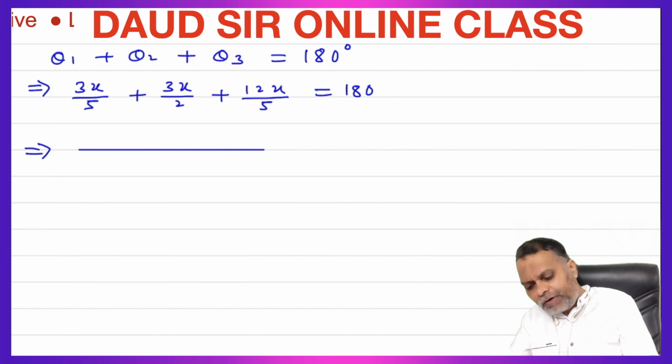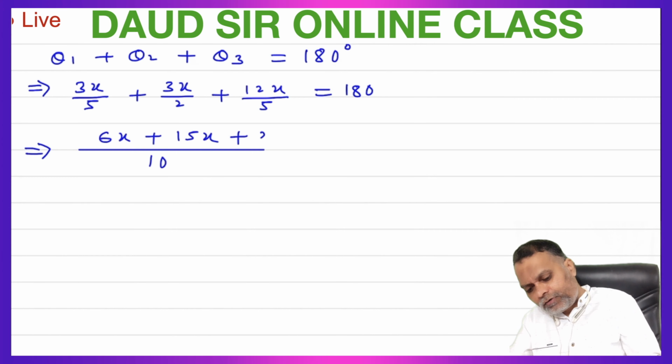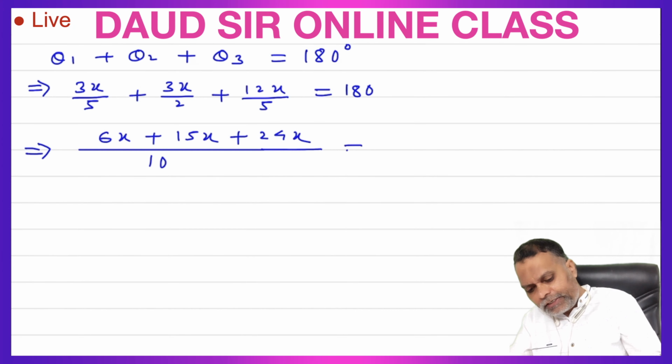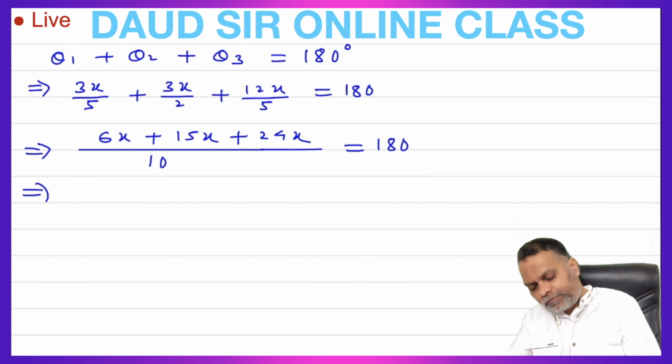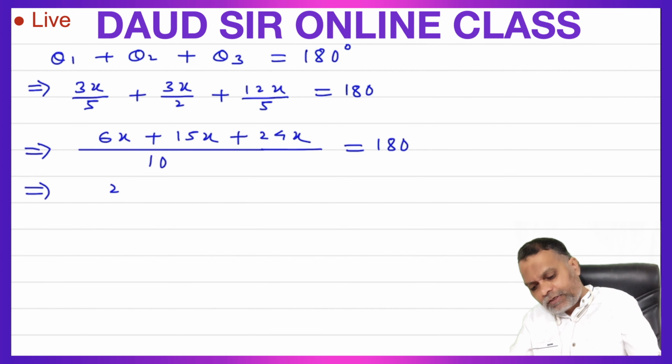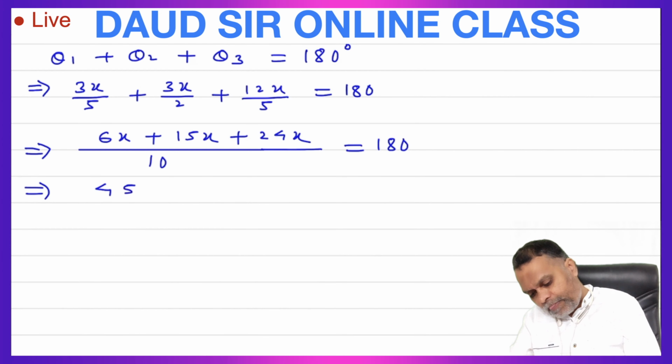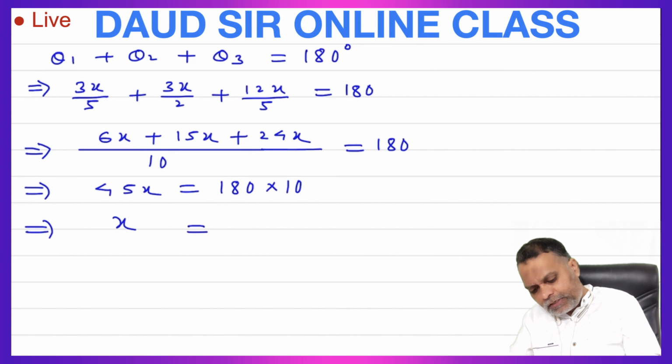Take LCM. LCM of 2 and 5 is 10. 5 2s are 10. 2 3s are 6x plus 5 3s are 15x plus 12 2s are 24x is equal to 180, by cross multiplying. 6x plus 15x, 21x plus 24x, 45x is equal to 180 into 10, which implies x is equal to 180 into 10 divided by 45.